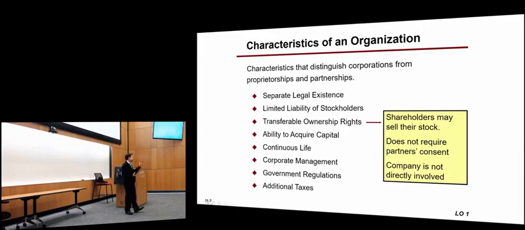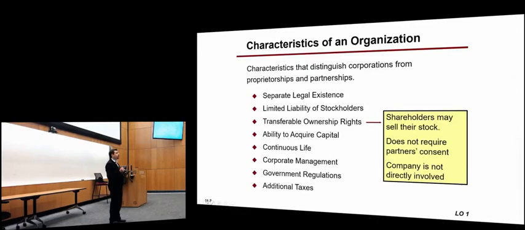Usually the exact terms are written in the partnership agreement, but generally speaking, you need to get their approval. Whereas if you buy stock, you do not need anyone's approval to sell it to someone else. So ownership rights are transferable without the need to get any approval. It's much smoother, it's easier with corporations.